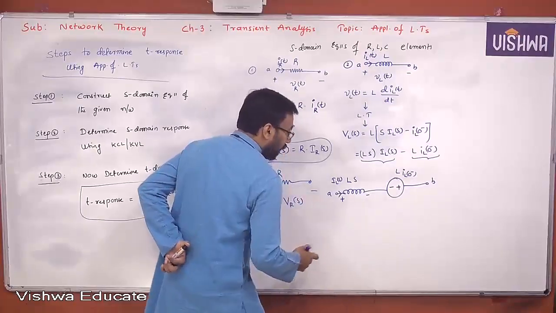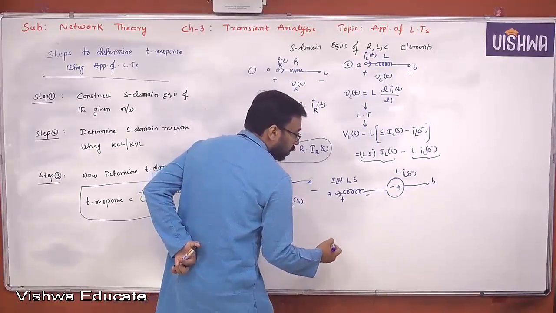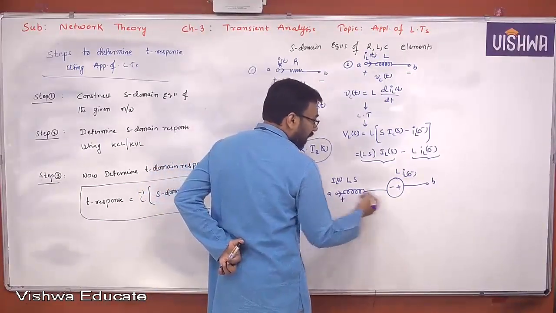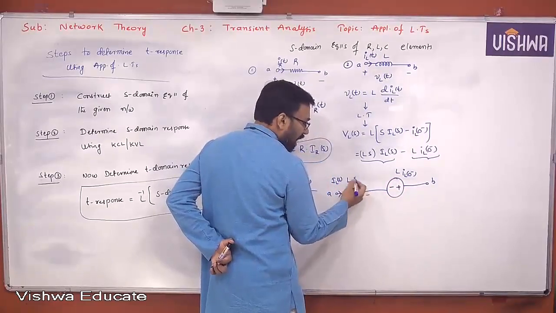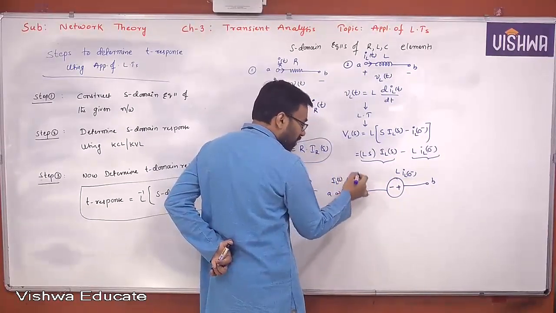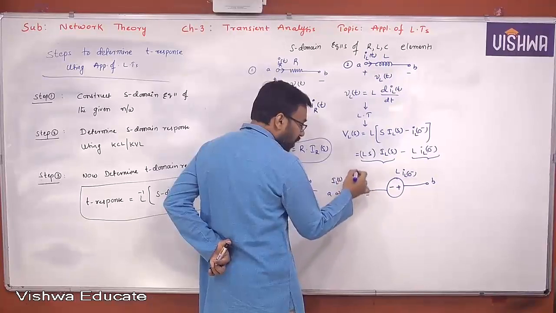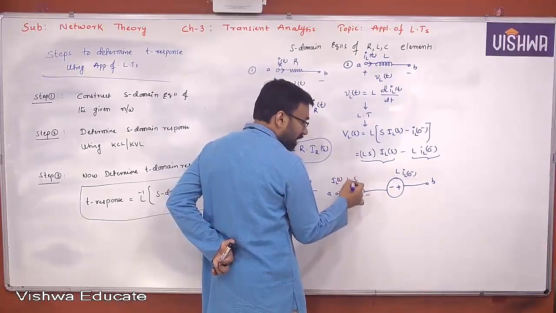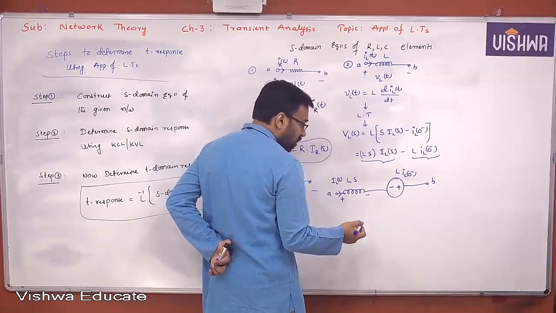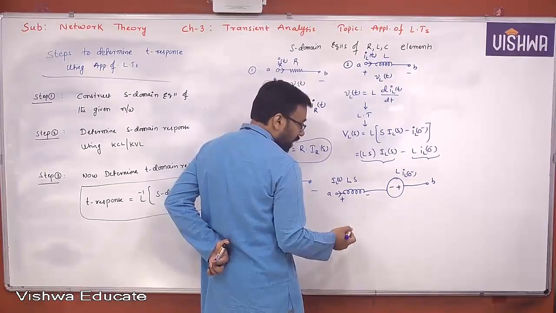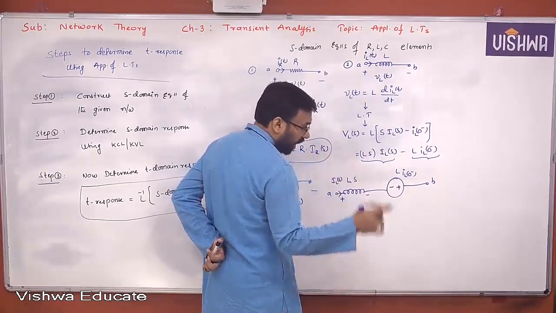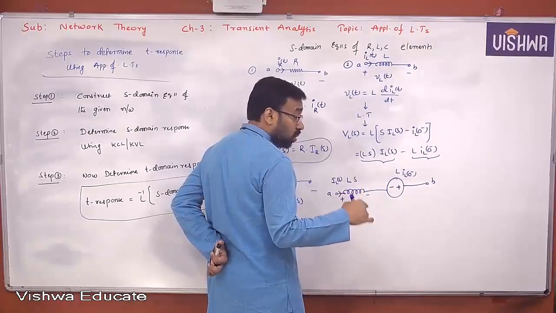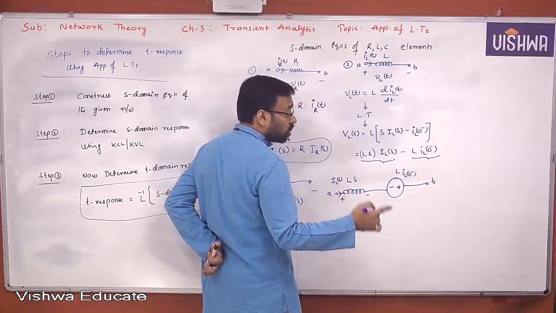Well, but here you know that between AB terminals there is a voltage source with a series impedance or reactance. Because this component value, LS, is nothing but ohms only, right? If this is in ohms, then the voltage source with a series impedance can be transformed into a current source with a parallel impedance according to source transformation.